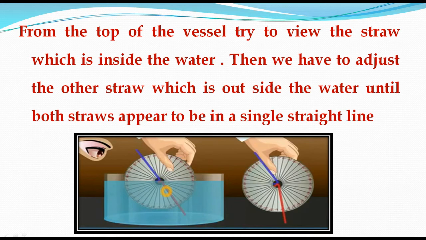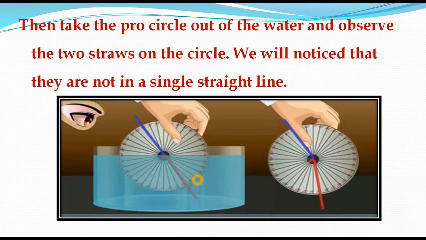But when you take the protractor circle outside, actually they are not in a straight line. Why? Due to refraction, we feel that the violet color straw and red color straw are in a straight line. But when taken outside, they are not in a straight line. This is possible due to refraction of the light, when traveling from denser medium to rarer medium.